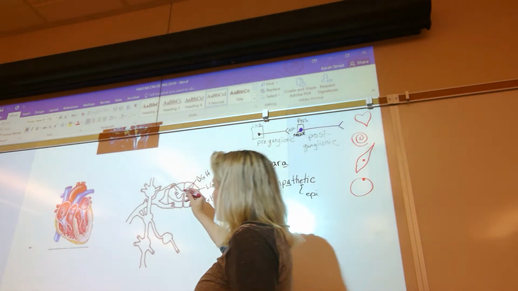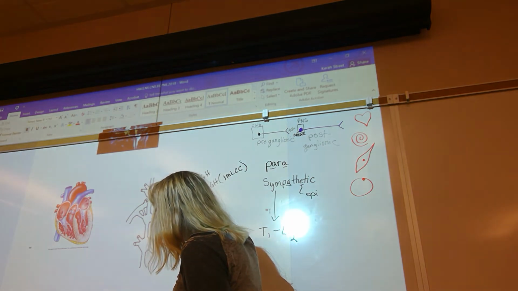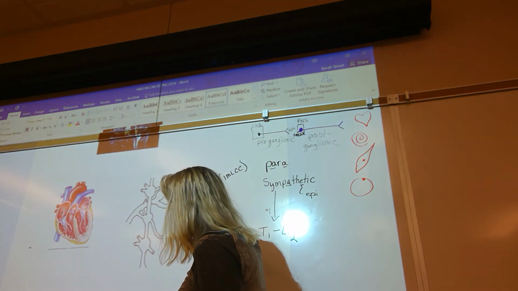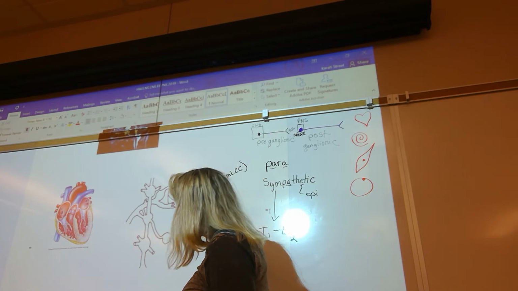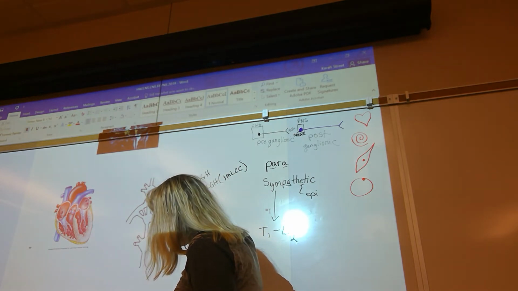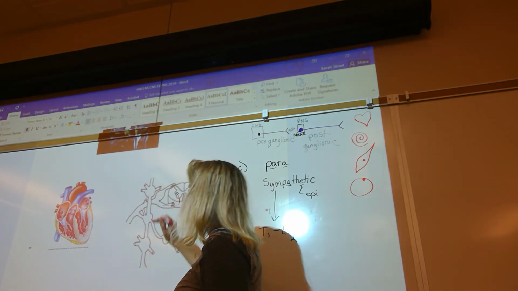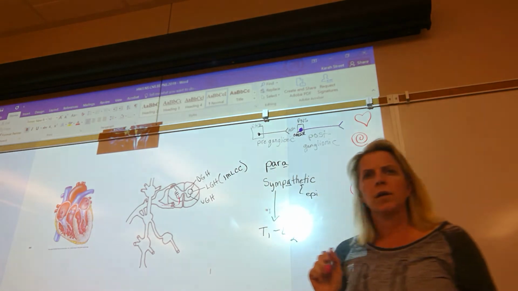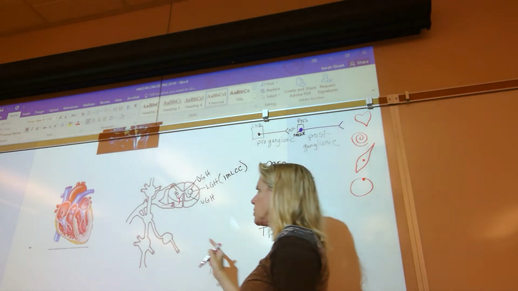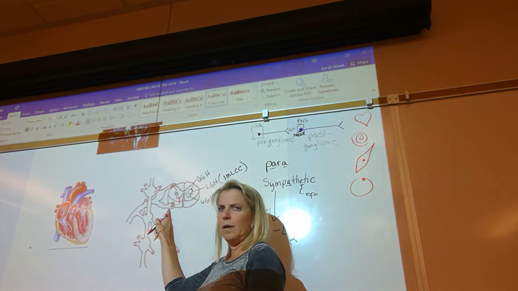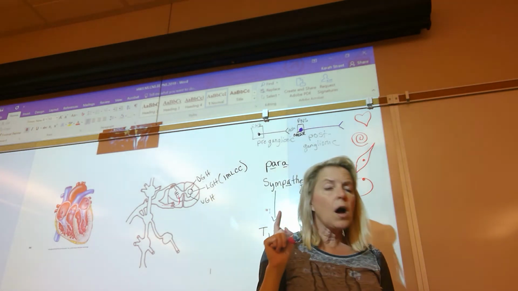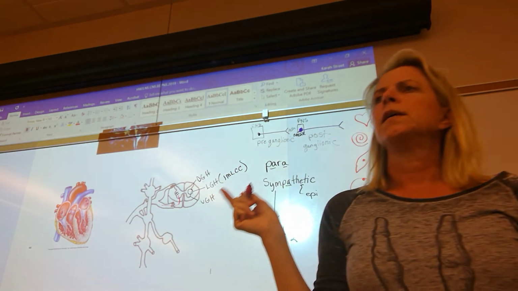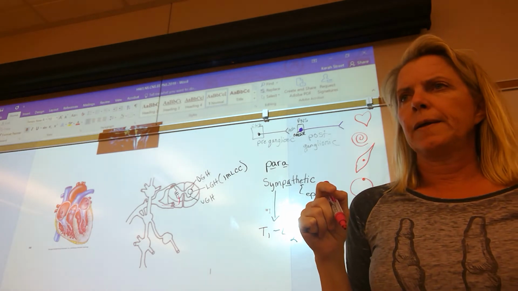So these cell bodies have axons. Agreed? And the axons exit the spinal cord. The exit route is always the ventral rootlet. It's always the ventral rootlet leading to the ventral root. Always.